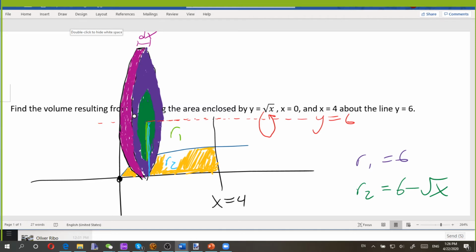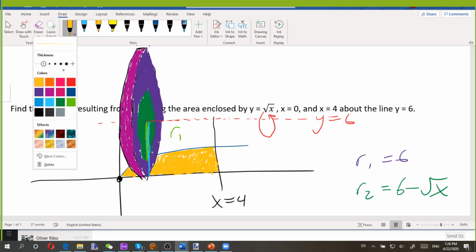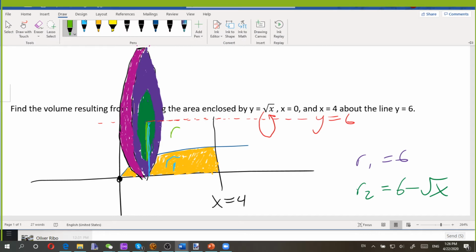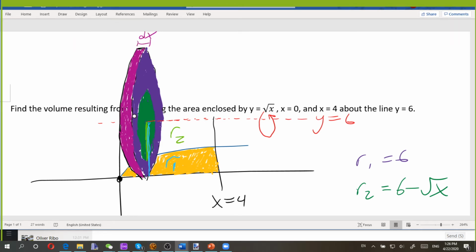Oops. R1, R2. Okay, any questions on what we did with our picture so far?